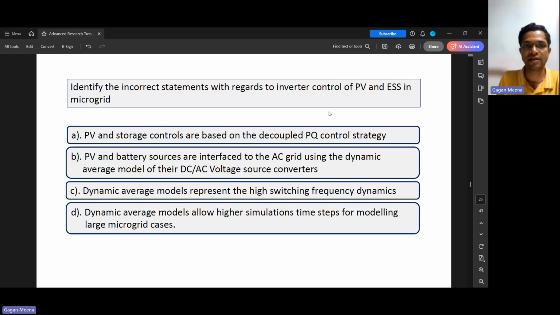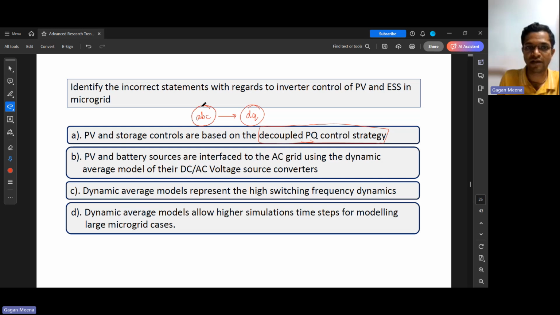Identify the incorrect statements with regards to inverter control of PV and battery in microgrid. The first one: PV and storage controls are based on decoupled PQ control strategies. Yes, this is correct. We have seen that we convert ABC to the space phasor domain, then go to the DQ frame of reference, where we have sinusoids.